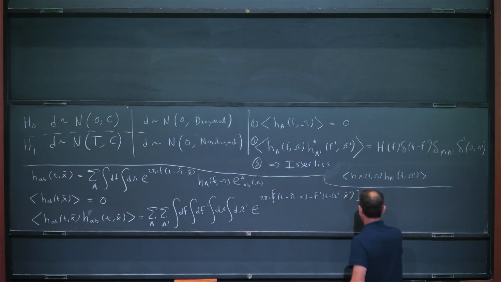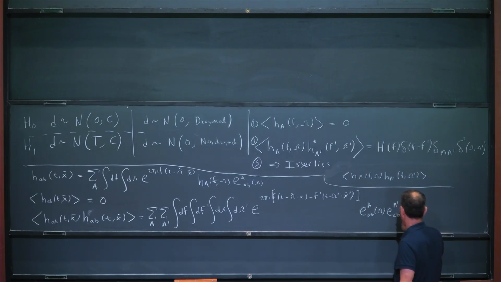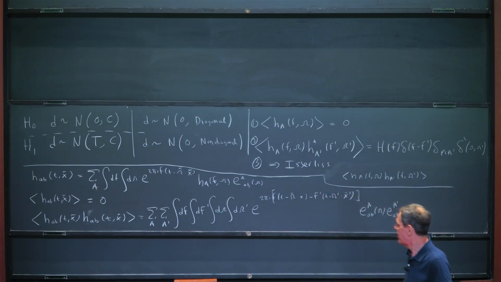Then we're going to have a polarization tensor e_AB of omega, A, contracted with a polarization tensor e_A prime, AB of omega prime. And yeah. Is the second h_AB, is there an x prime, or is it just x? It's just x. Thank you so much.